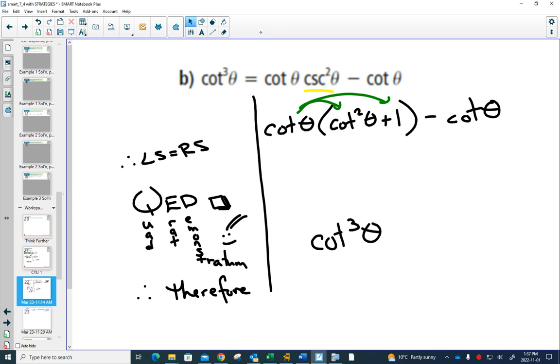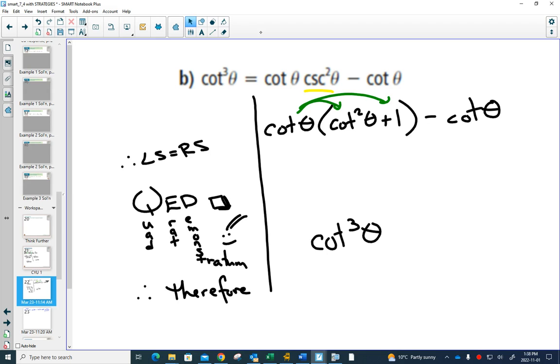This would lose a mark if you went from here to here without showing work. And so what's the rule of thumb for showing work? You are allowed to do one mental math thing and not show work. But if you do two mental math things and not show work, then you're going to lose a mark.